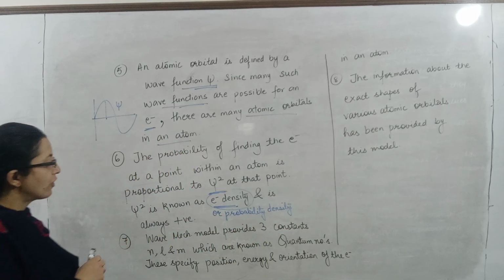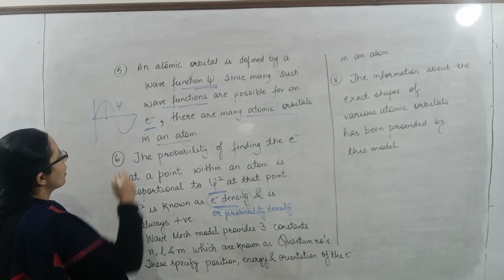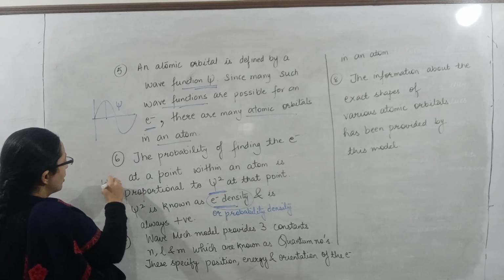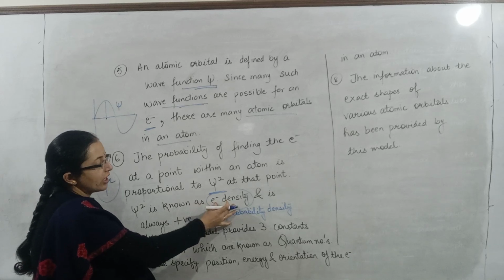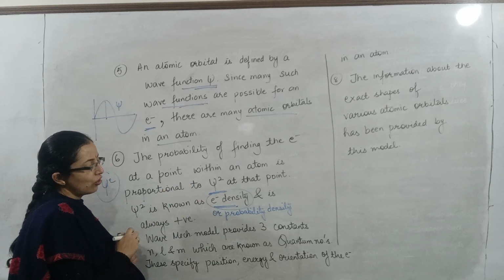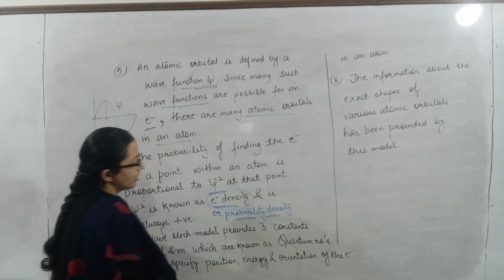So this square of psi, just like the square of amplitude gives you the intensity of a particular wave, in the same way, square of psi gives us the intensity of the electron wave. That is the electron density at a particular region or at a particular point. It is also called as probability density.